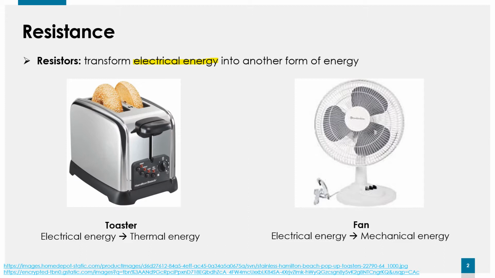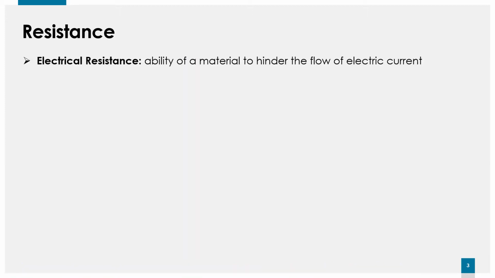Okay, and then resistance is how much this equipment, these resistors, decrease the flow of energy. Electrical resistance is the ability of a material to hinder the flow of electric current. And the resistance is the force that hinders the flow of the current.